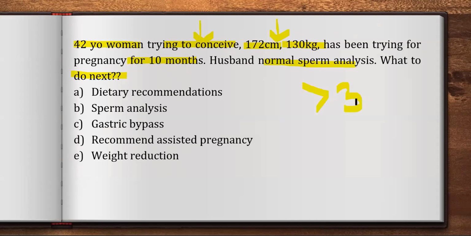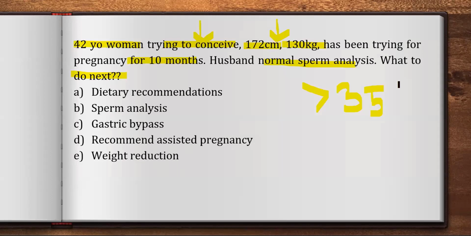Remember, in someone more than 35 years old having trouble with conception, you call it subfertility if they have been trying for 6 months, with regular intercourse in the usual fertile period, and still they are unable to conceive.